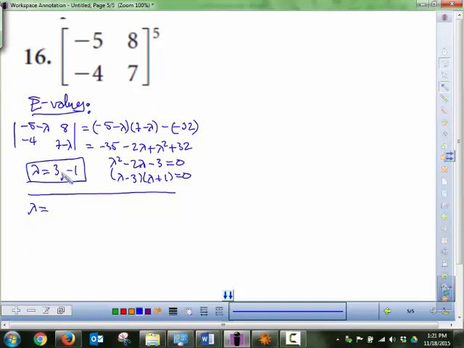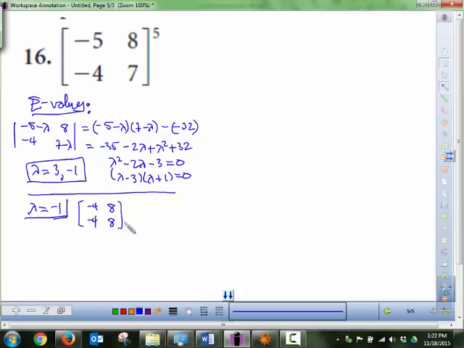So the eigenvector for lambda equal to negative 1, we'll start off with that. You want to row reduce your A minus lambda I when lambda is equal to negative 1. So negative 5 plus 1 is negative 4, and then 7 minus negative 1, 7 plus 1 is 8.